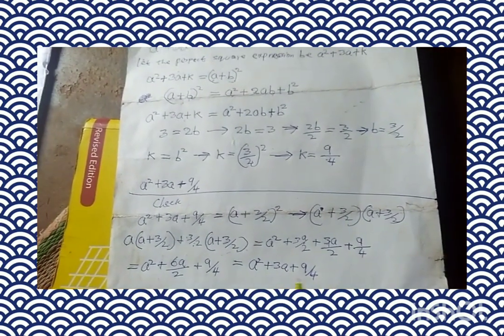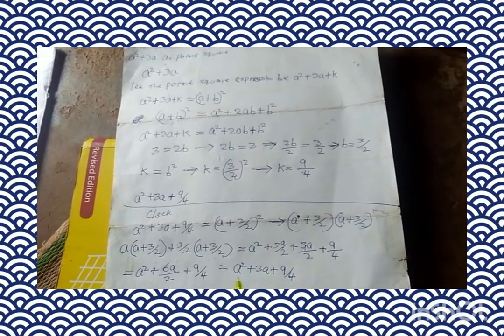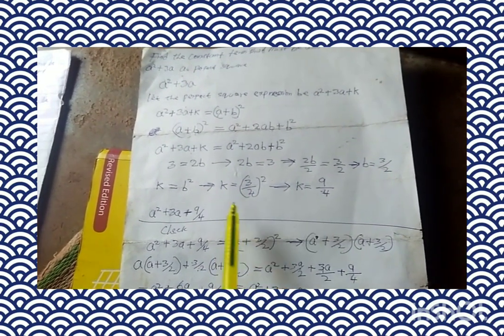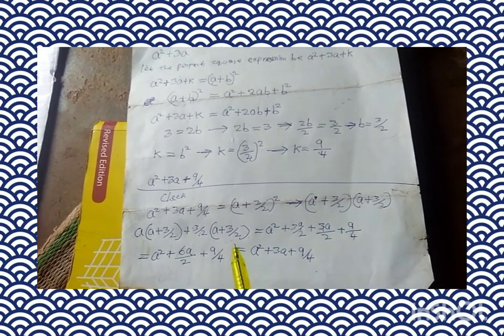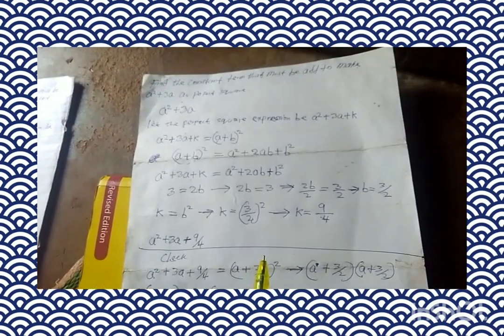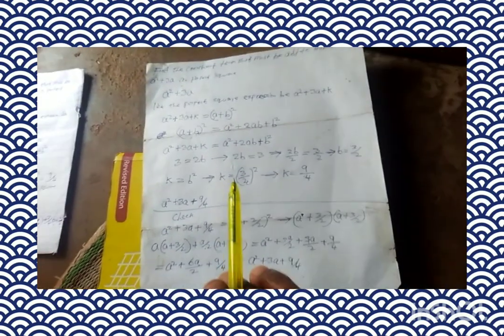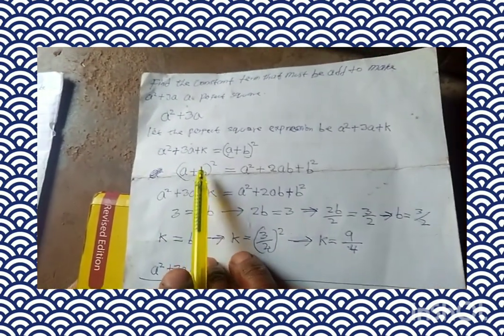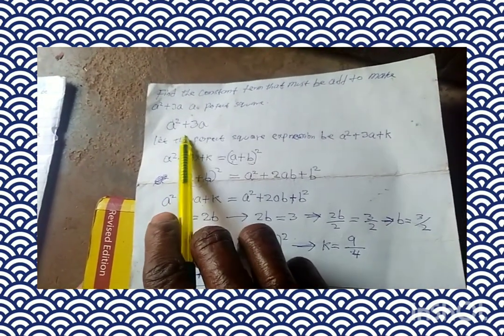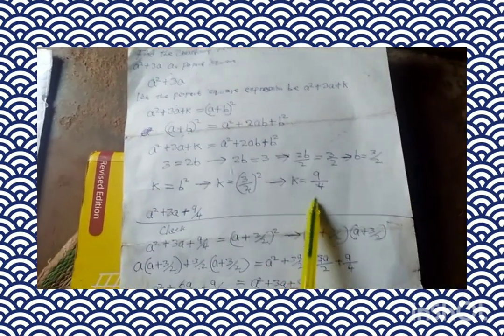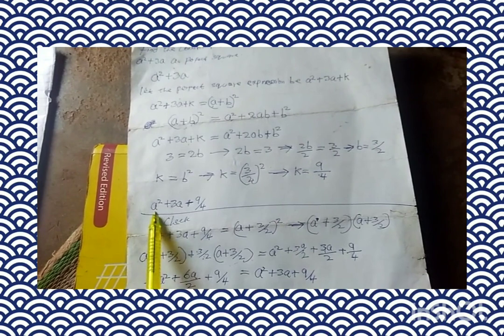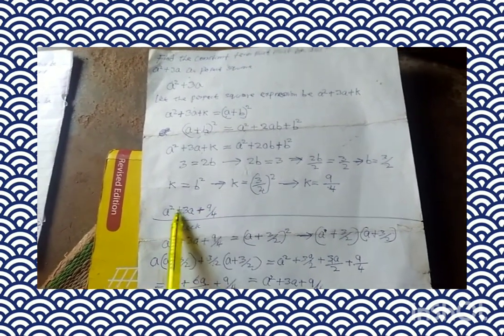So we have returned to what we got initially, which proves that the work is correct. So the constant term that must be added to a squared plus 3a to make it a perfect square is k, and that k is 9 over 4.